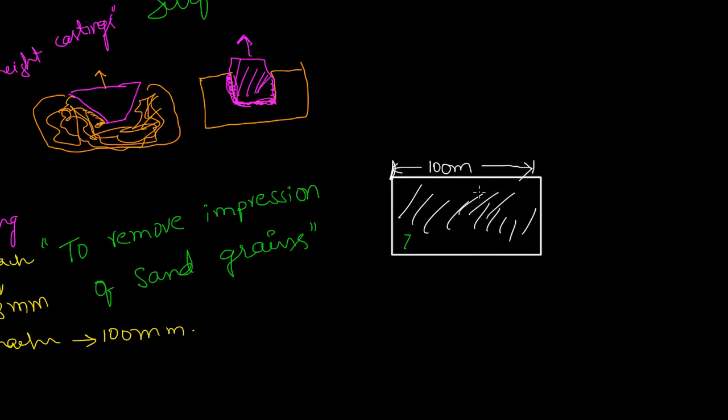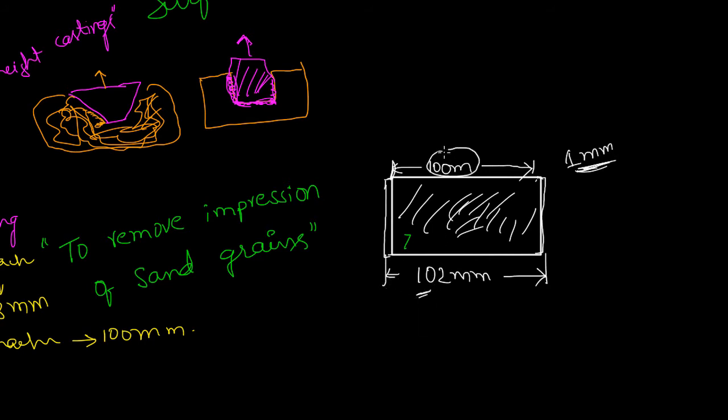Now I am designing the pattern. The design of pattern will come like this. I am adding some material on both sides so that the dimension will change by 2 mm. This is 102 mm. I am making the pattern machining allowance as 2 mm. So 1 mm, sorry, 1 mm on each side, right? I'm assuming this value. That's why I'm increasing 1 mm on both sides. So this is the pattern dimension. This is the casting dimension. So for external surfaces, it is absolutely correct.